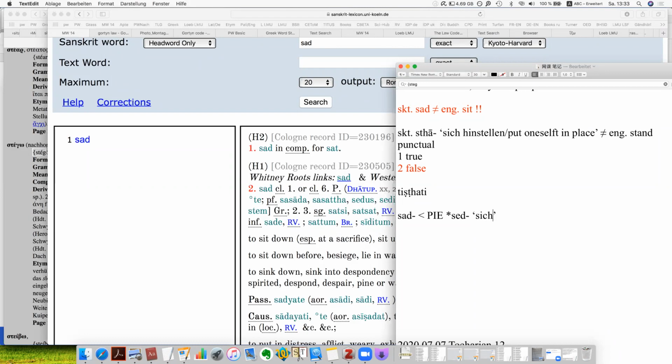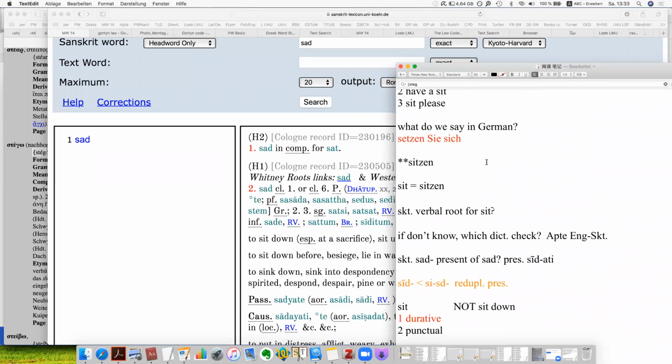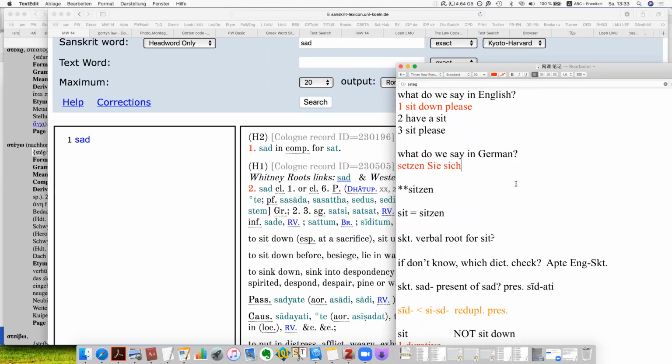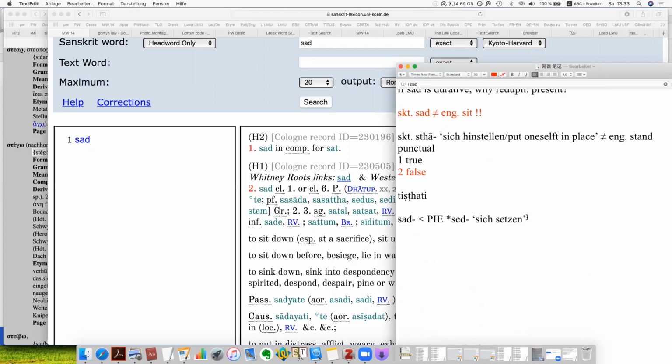It means sich setzen, just like in German, as I already mentioned. What do I say in German? Sich setzen Sie sich. So set originally means sich setzen. If you put it in English, it means settle oneself in some place. So this is also a punctual meaning.